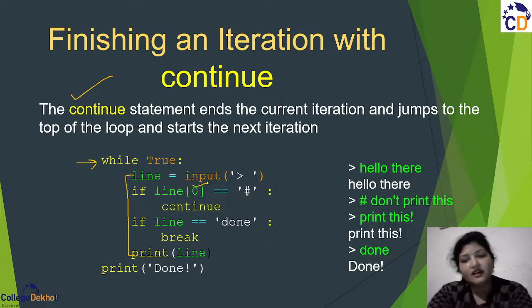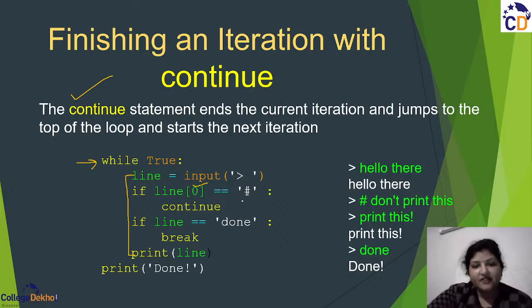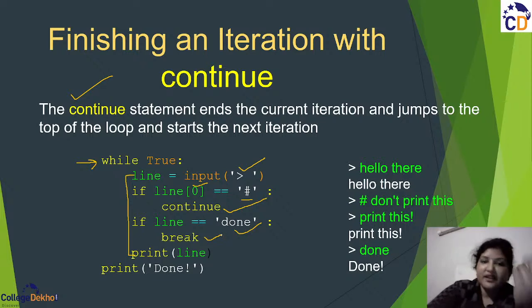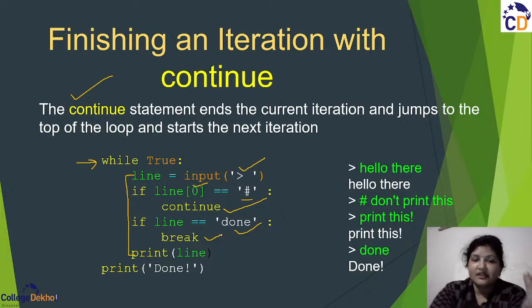Otherwise, you are going to print done, right? If the first symbol is hash, then you need to use the continue statement. Otherwise, if the line value, whatever is taken as an input, is equal to done, then you have used the break statement. So here we have used both the continue statement and the break statement.